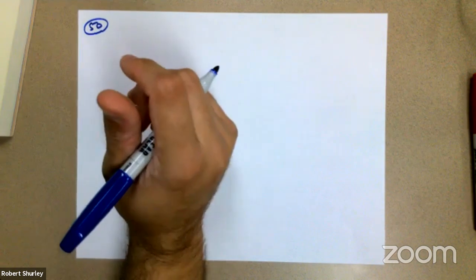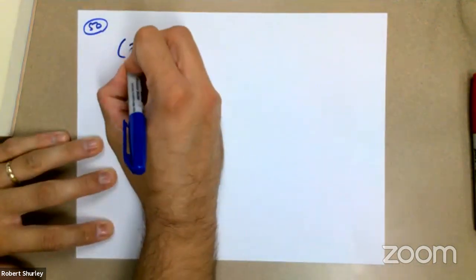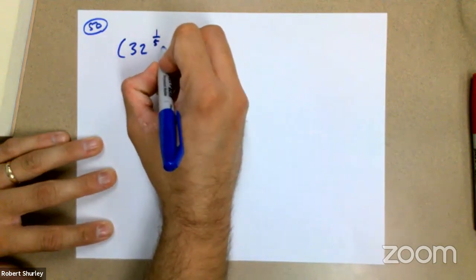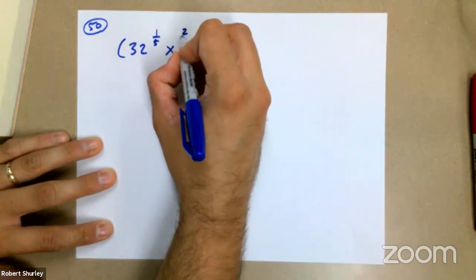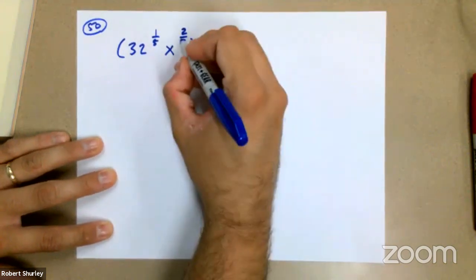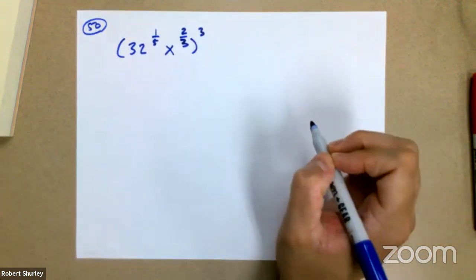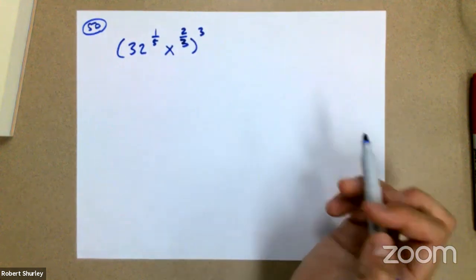Okay. And it says parentheses 32 to the 1/5, x to the 2/3, that's a 3, 2/3. And then we're raising that to the third power. Okay. Kind of show you how I would tackle this one.